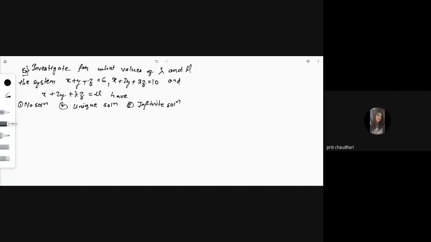So for unique solution, lambda is not equal to 3 and mu would be any real number. And for infinite number of solutions, lambda equals 3 and mu equals 10.